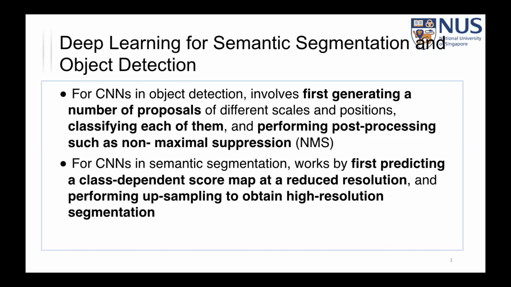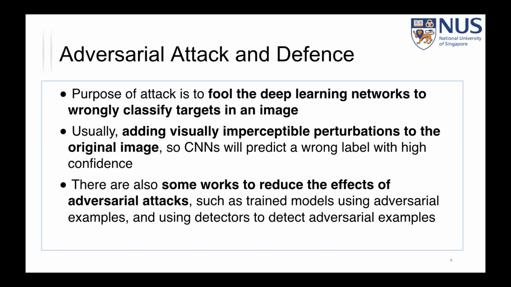Okay, I believe this part has been shared already regarding object detection and semantic segmentation, the logic and concept behind these two approaches. Adversarial attack basically means fooling deep learning networks to wrongly classify the targets in the image.